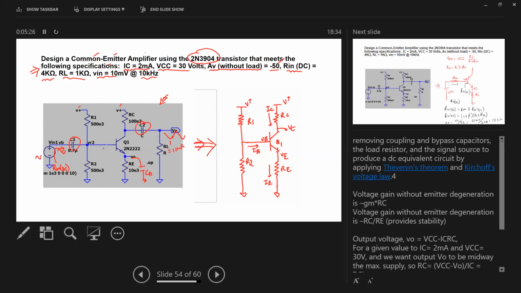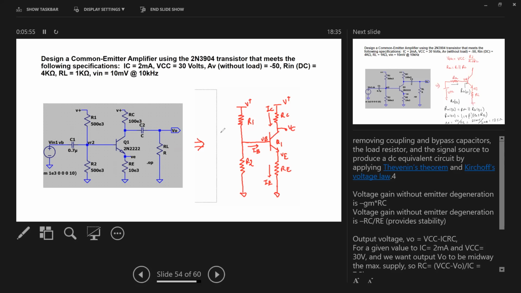And I will also remove the signal source, and after doing this, I will produce a DC equivalent circuit as shown right here. And then I will apply Thevenin's theorem and Kirchhoff's voltage law to get my design equations and obtain the values for all the components. So let me clear this drawing right here.